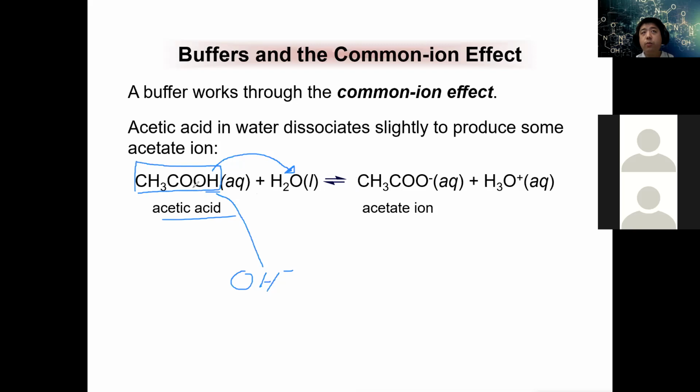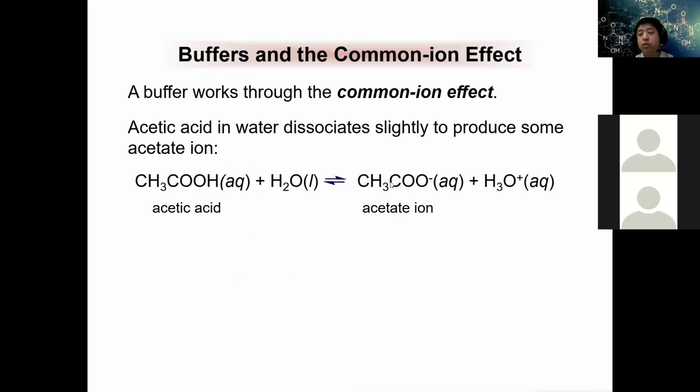Once I take away the H, what is left? What do I end up making? The ion, also known as my conjugate base. So if I take this away, I'm making that. If I add in some acid, I'm making that. So it's switching between the two of these, essentially.